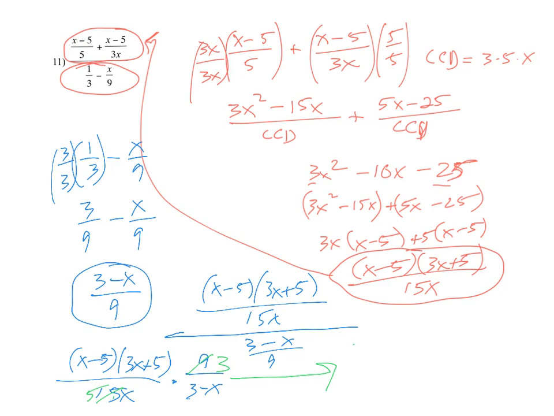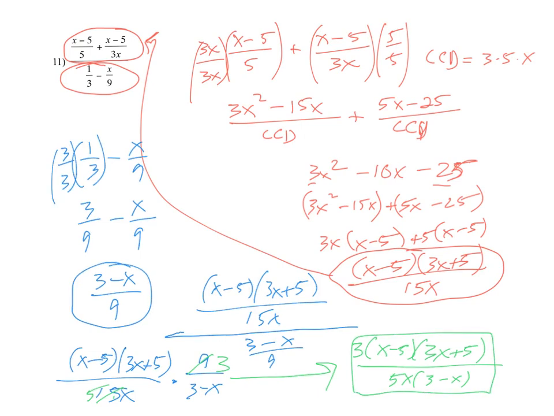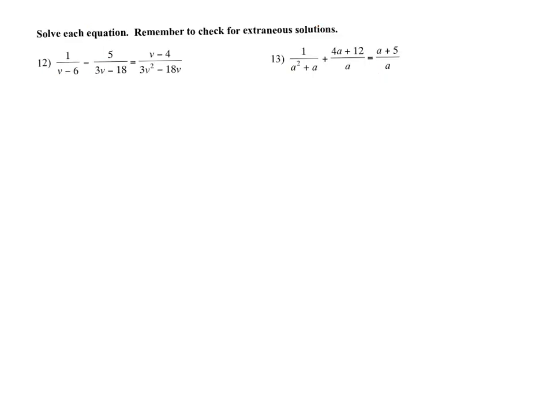I'm going to put the 3 in front because it's going to look better out there. x minus 5 times 3x plus 5, all this over 5x times 3 minus x. And you can leave it right like that. There you go.